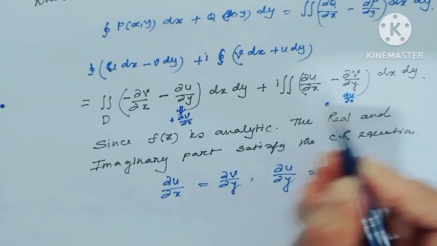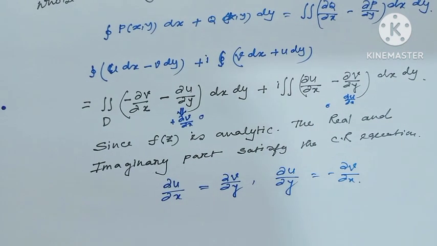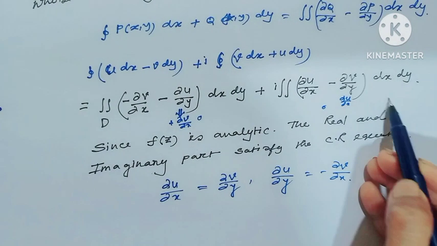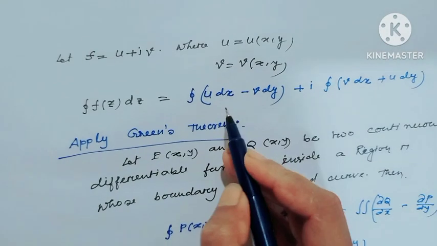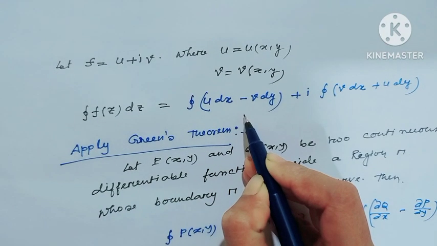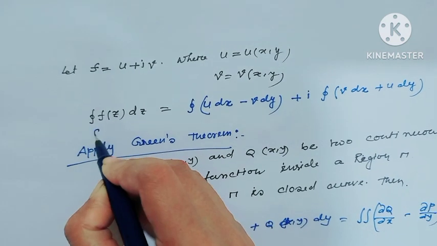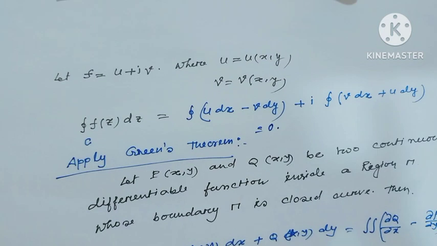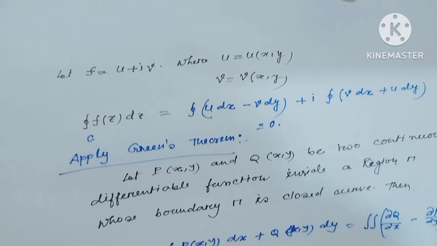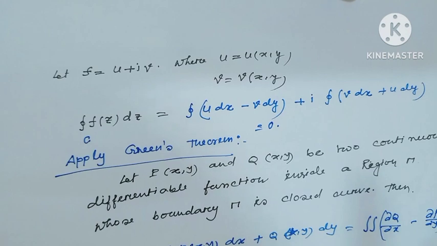So this part is 0 and this part is 0, so obviously this whole value is equal to 0. Therefore, the value of the integral of f(z) dz on the closed contour C is always 0, when the function is analytic. I hope all my viewers have understood the proof.